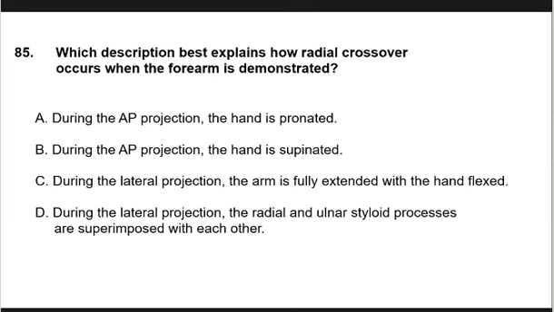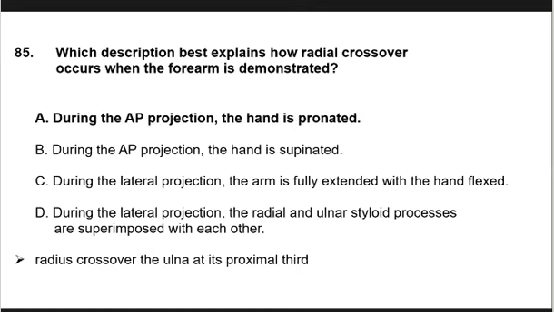So ano ang sagot natin dito? Na ang radial crossover occurs when the forearm is in AP projection, but the hand is in pronation. So in other words, the distal end of the radius crosses over the ulna.